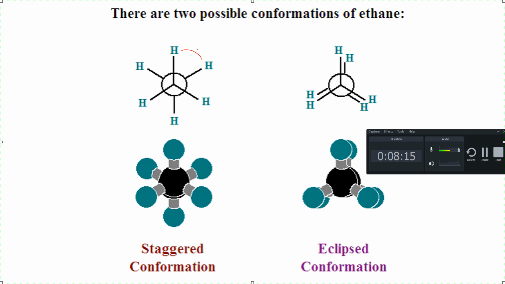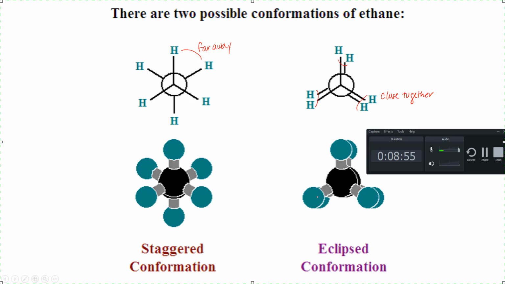One is where the hydrogens are as far away from each other as possible, and the other is where all of the hydrogens are basically parallel to each other, or as close together as you can get them. So these two extremes have a name. The one that has the hydrogens as far away from each other as possible is called the staggered conformation. And the one where they're as close together as you can get is called the eclipsed conformation.